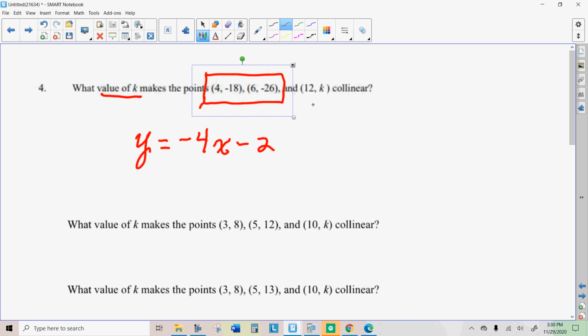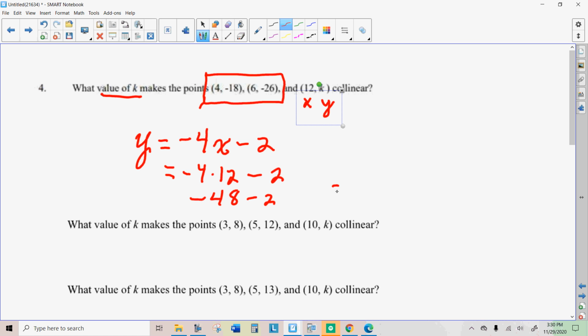So there's my equation. Now I have an x here and k is actually the y value. So I'm going to take that 12 and multiply it by -4 and subtract 2 to get the y. So that's -48 minus 2, which is -50. So the missing value is -50.